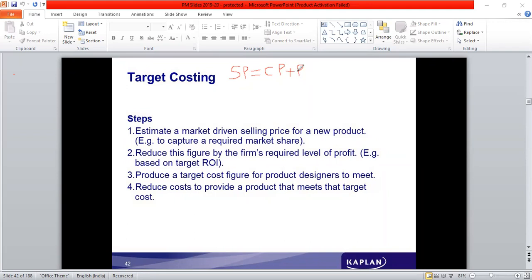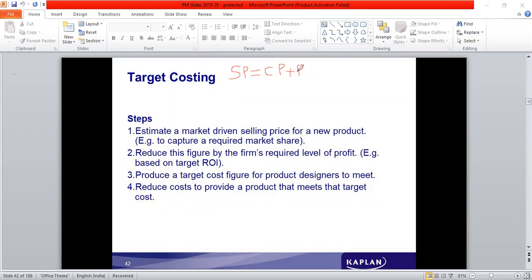One wrong decision about the selling price can affect their business drastically. If the price is higher, as we discussed yesterday, the danger is that the demand may fall. The customers may go to the competitors and purchase their products. So that is the danger in deciding a higher selling price.